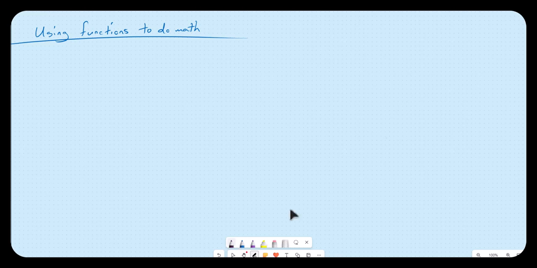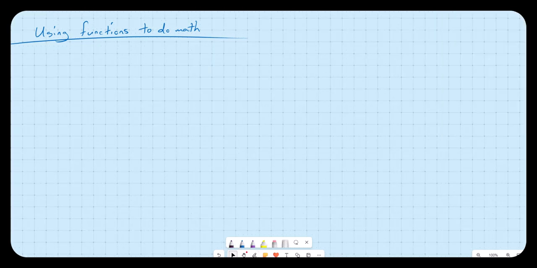So maybe I should switch to a graph background. Alright, here we go. So if I've got a function that looks like this, so x-axis, y-axis, we're still going to stick with one box is 1 unit. So this is 1, this is 1.